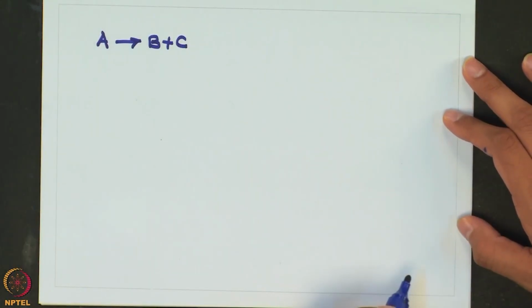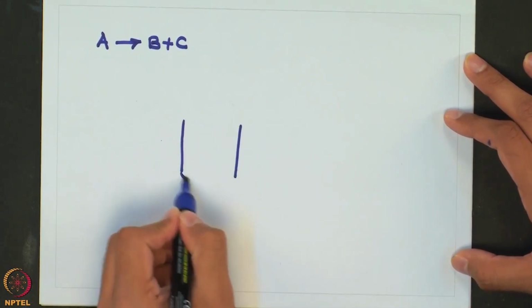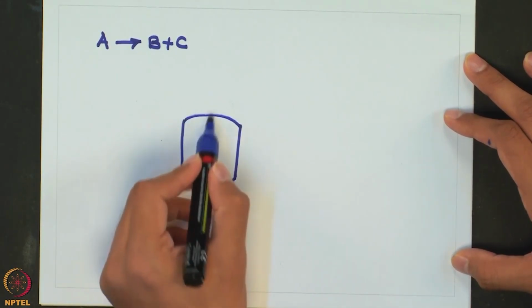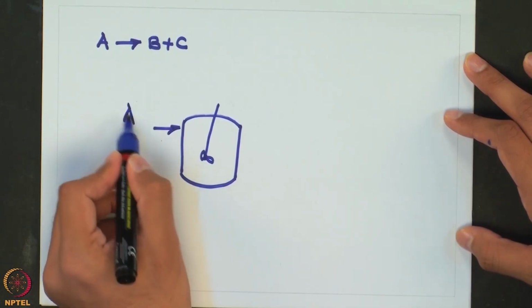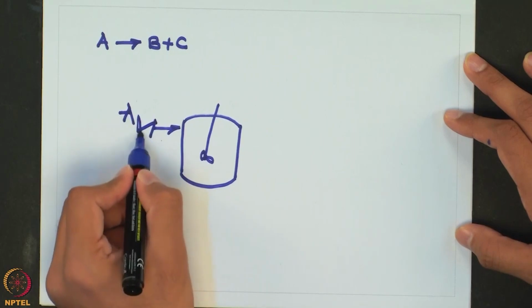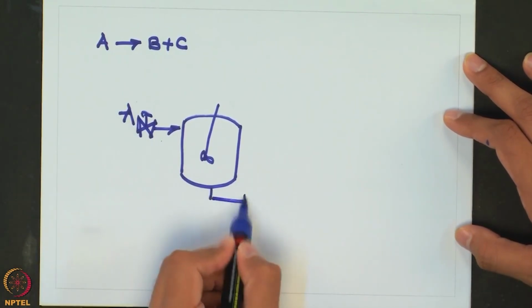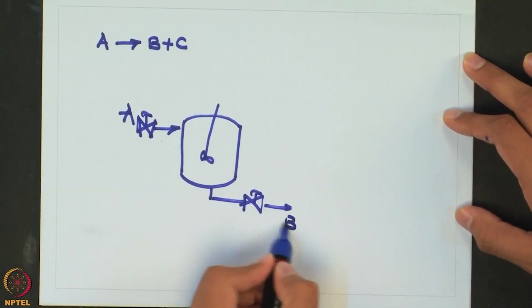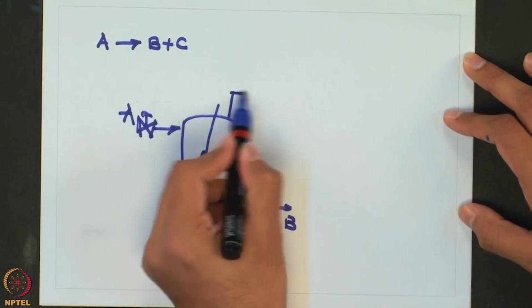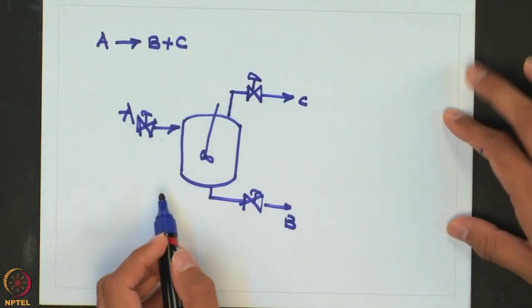So let us say this is the reaction which is getting carried out in this CSTR. This is how your feed comes in. There will be a feed valve. There will be one product valve for B, and there is also some gas getting generated, so there will be a gas valve here.